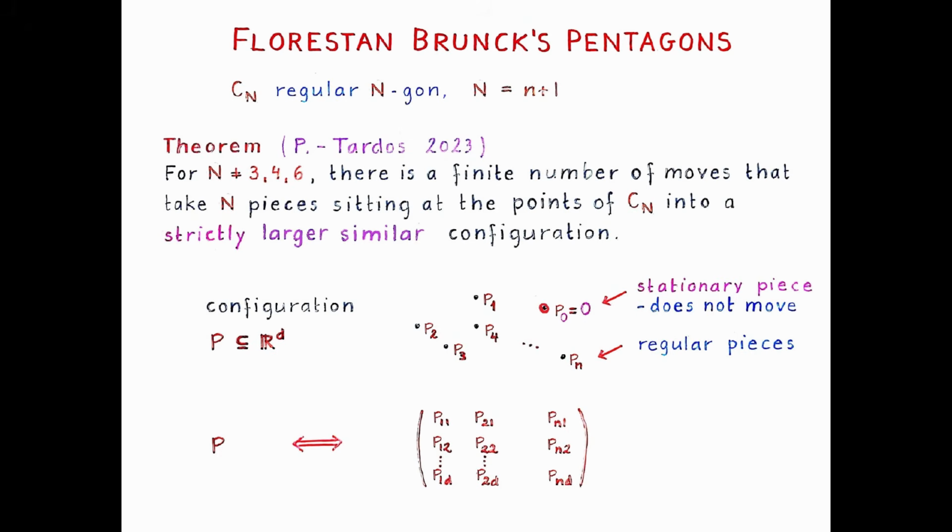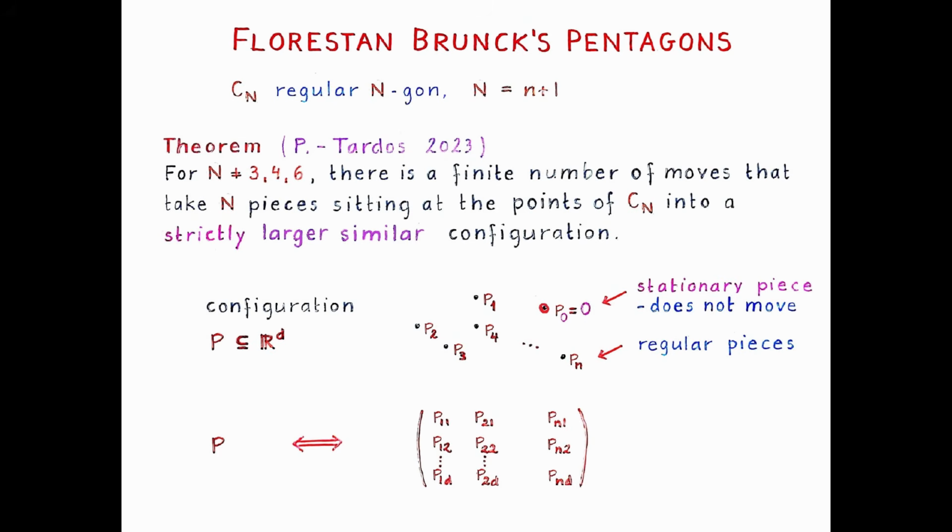Each point in d dimensions can be described by d coordinates. So if you have n points, this is a d by n matrix. And this describes the original configuration. And the question is, what kind of final configurations can be achieved from this?